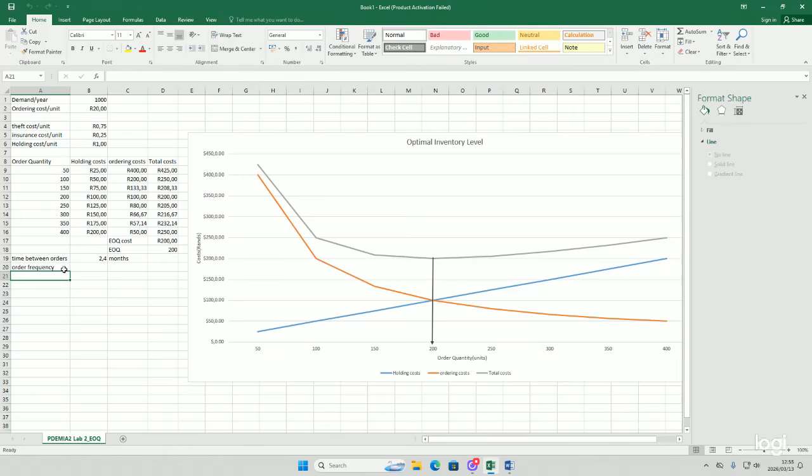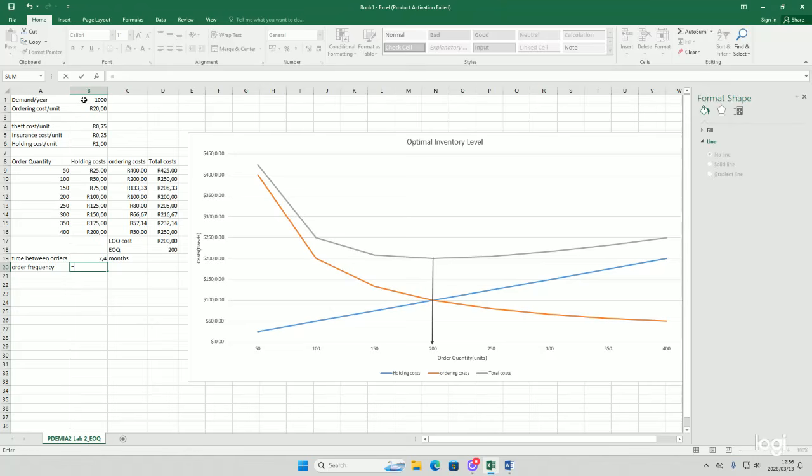In terms of order frequency, if you want to check how often they should order per period, it's just vice versa.